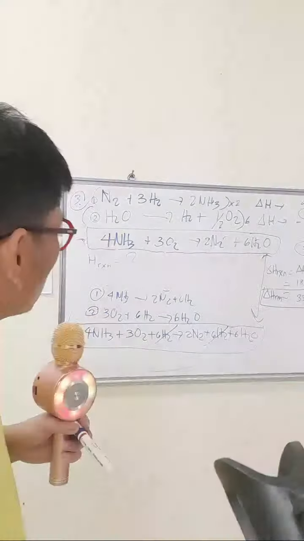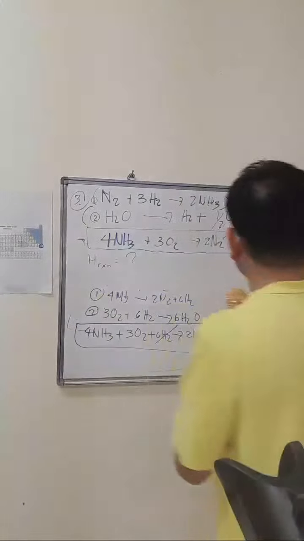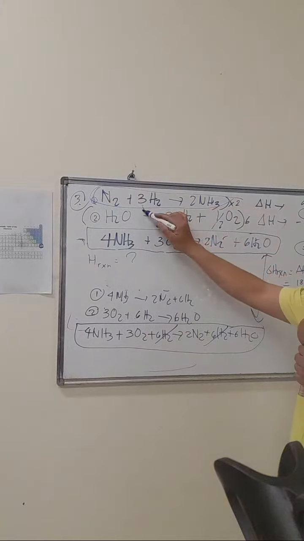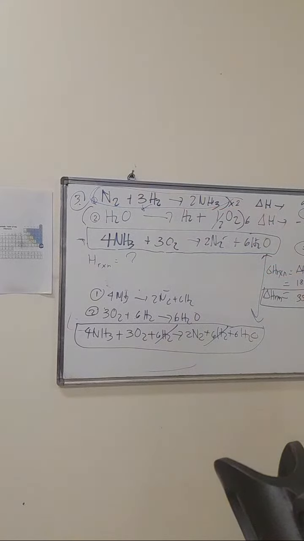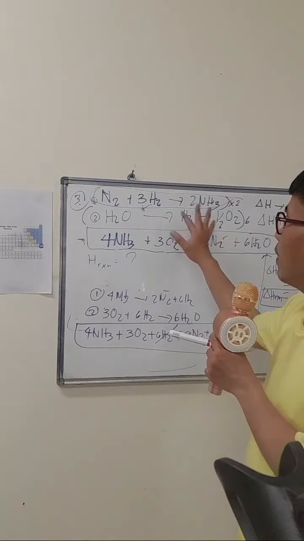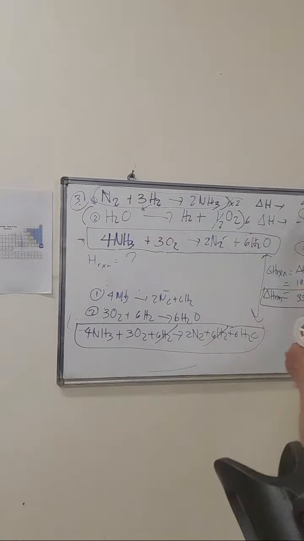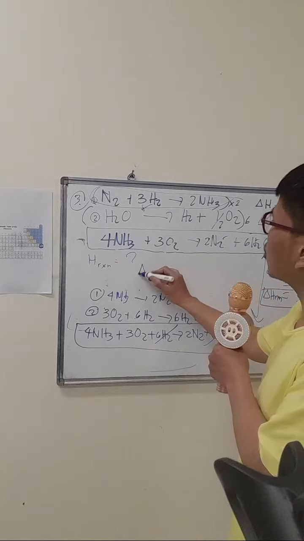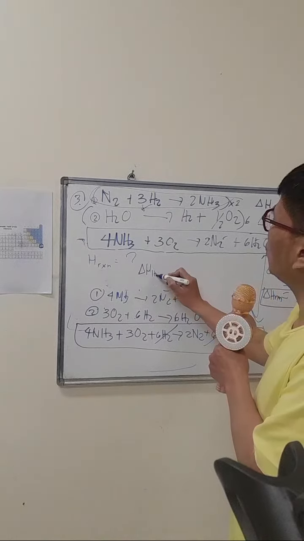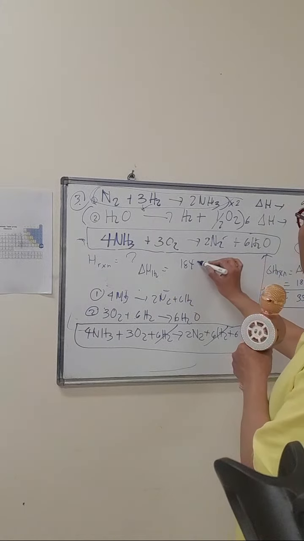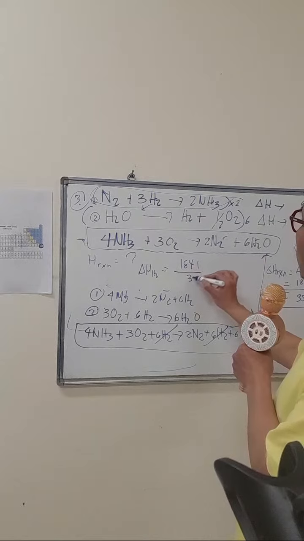So for the chemical reactions, stoichiometric there is a number of moles. Okay, you get the point. Like that. In fact, you can also obtain the enthalpy change of each element. For example, this hydrogen gas, you have an enthalpy of reaction of 1841. So you will say delta H of H2 is equal to this 1841, okay, divided by 3 moles of hydrogen gas.